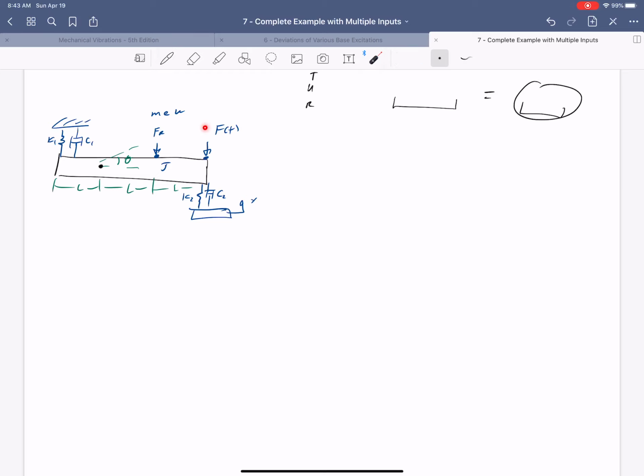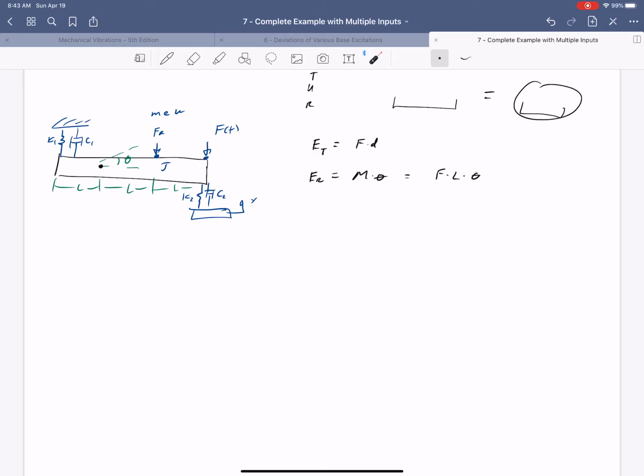Since these are directly forces, the energy of translation due to a force is just F times the distance it went across. And the energy due to rotation of a moment is the moment times the angle it went through, which would be equal to F times L times theta, assuming that these forces are perpendicular to the length, which in this case they are.